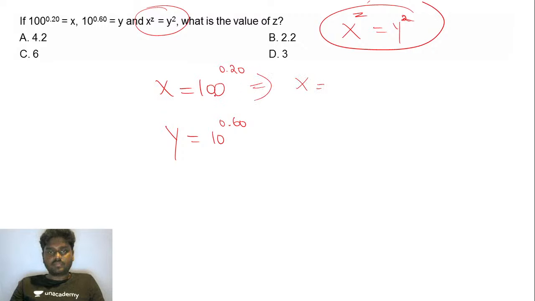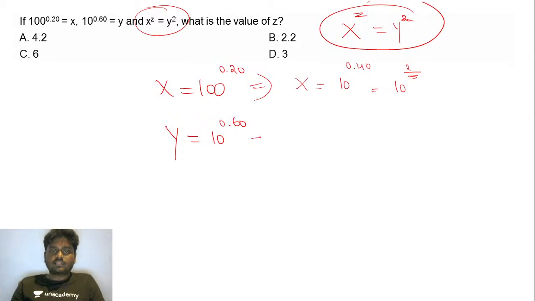Let me take this 100 as 10 square. Putting in 10 square, you'll be getting 10 power 0.40, and I can write this as 10 power 2/5.